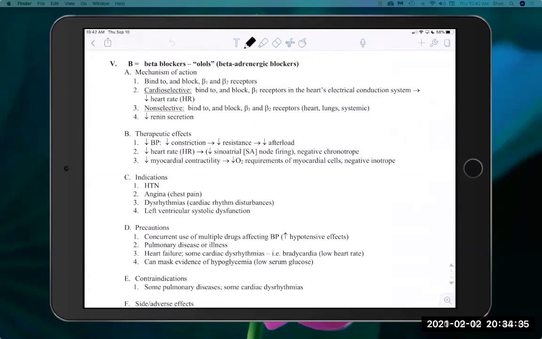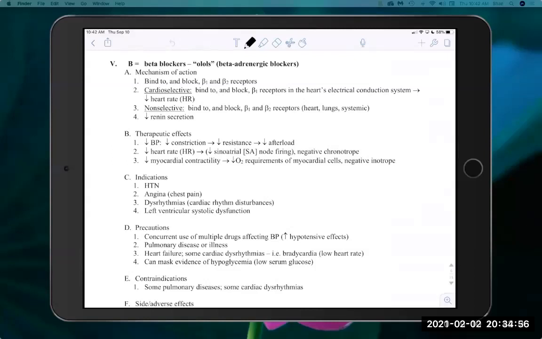If I'm saying it is a beta adrenergic blocker that is cardioselective, I'm saying that it binds to and blocks beta 1 receptors in our heart's electrical conduction system. If it's binding to and blocking beta 1 receptors in our electrical conduction system, it's going to affect the heart rate.